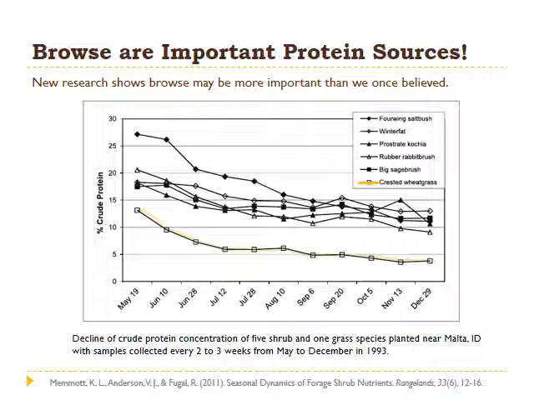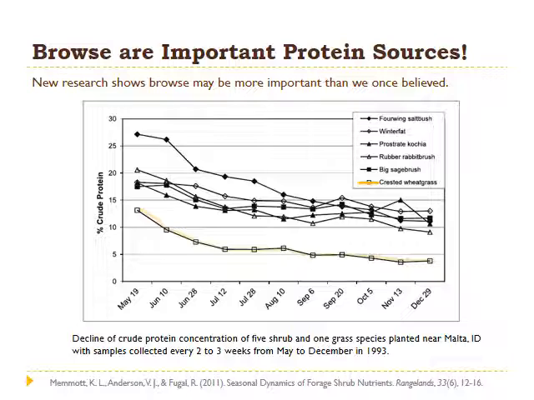Here is a diagram that has four-winged saltbush, winter fat, prostrate kochia, rubber rabbit brush, and sagebrush. And then that bottom line with the lowest level of protein consistently from May to December is crested wheatgrass. Okay, so even though crested wheatgrass is a fine grass and it's actually quite high during the growing season, 12 or 13% protein is just fine for animals that are growing and living out on range.